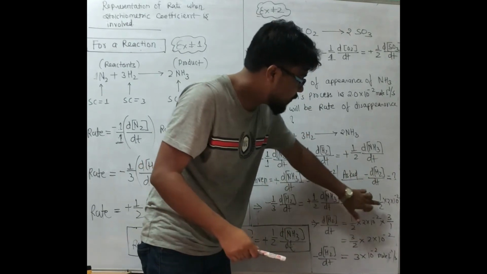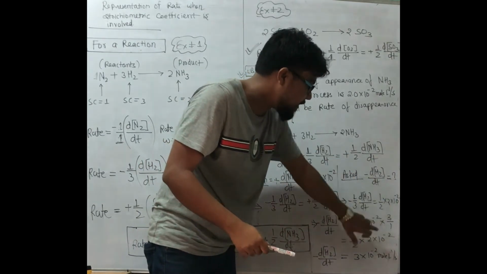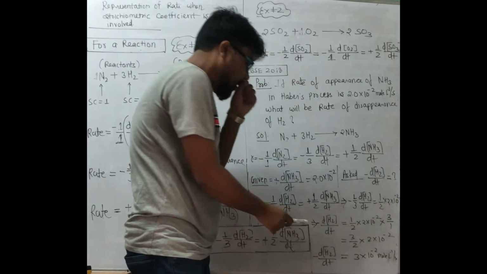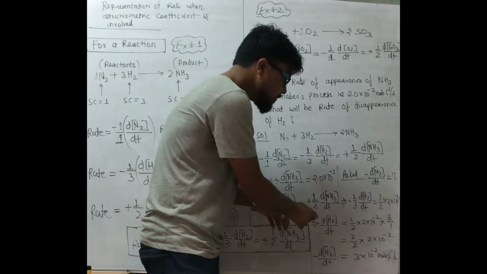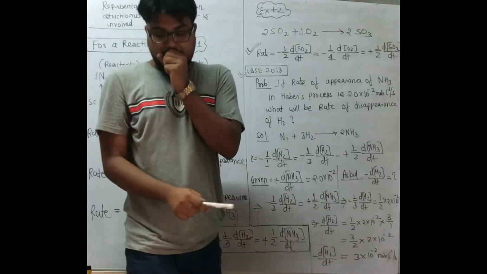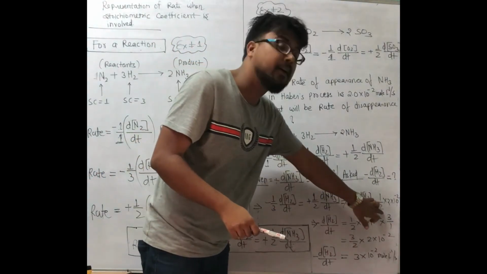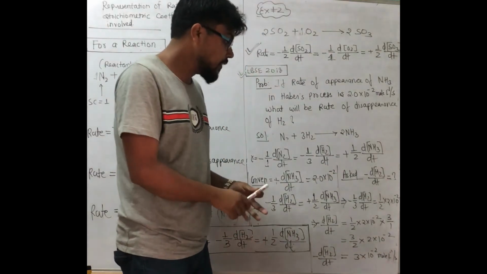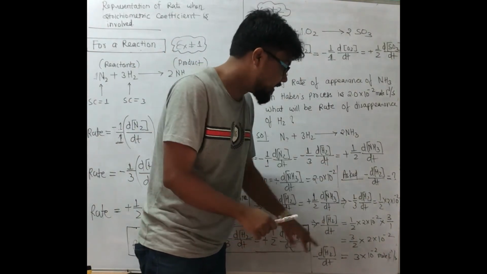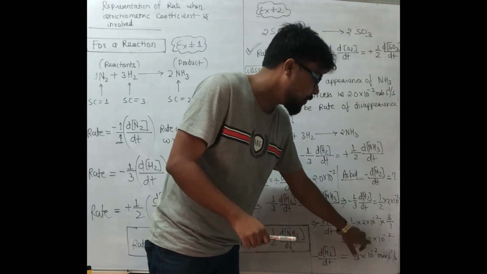So 1 by 2 times 2 × 10 to the power minus 2, and this 1 by 3 is transferred in the form of 3 by 1, so you get 3 by 2 times 2 × 10 to the power minus 2.